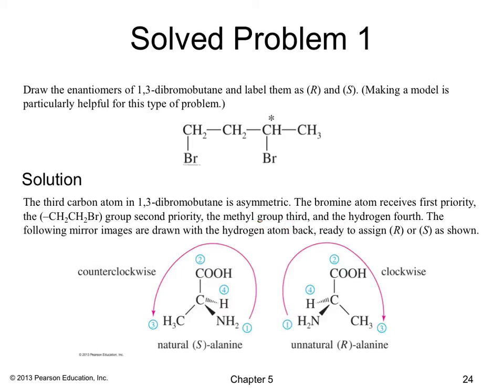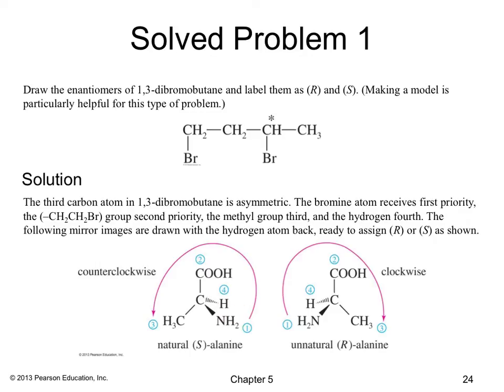So if we draw this out, we're going to see that, I'm sorry, this is showing alanine and unnatural alanine. So this shouldn't be alanine and unnatural alanine. It should be bromine, ethyl bromine, and methyl. So you can draw this out, and I'll do this in class.